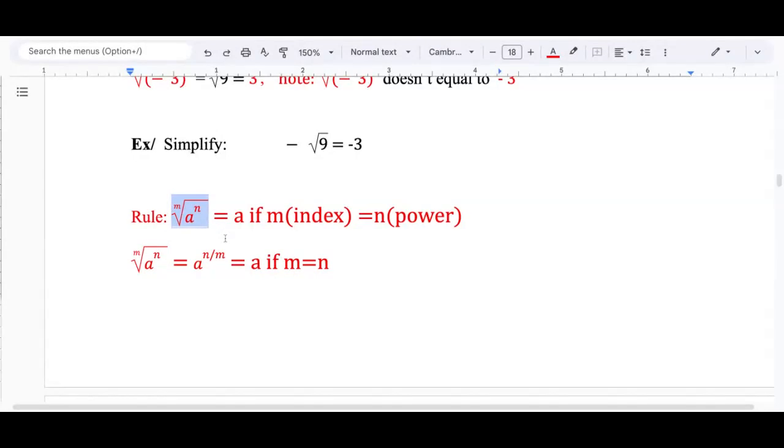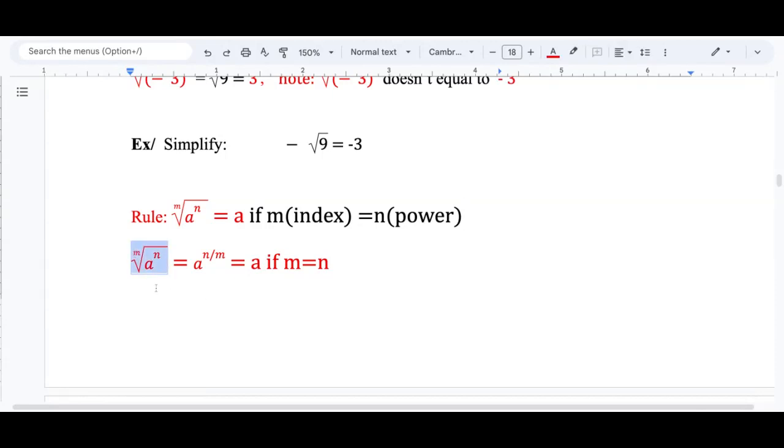So a raised to n, then the mth root, so the mth root of a to the power n, equals a if the index m equals the power n.